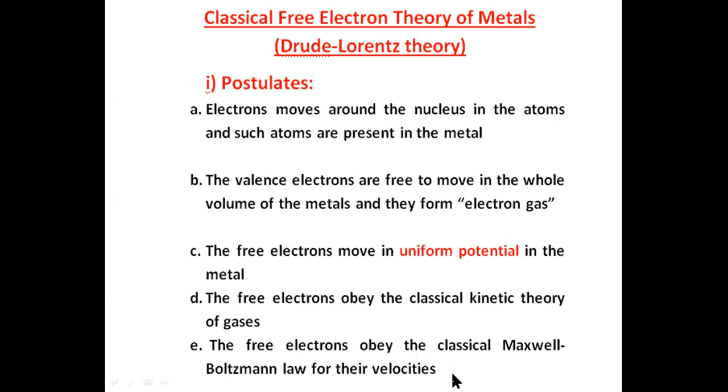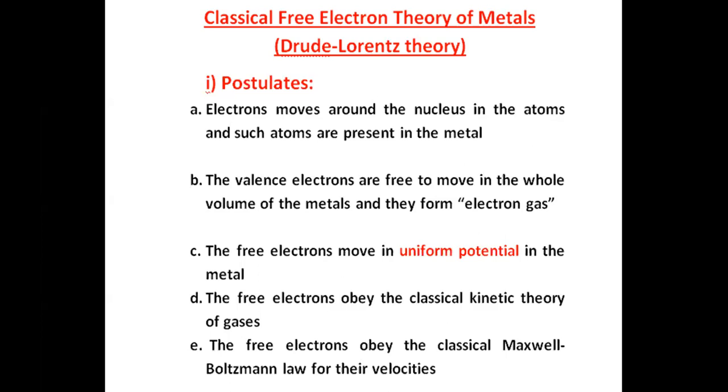Finally, they also assumed that the velocities of these free electrons which are moving in the metal obey the classical Maxwell-Boltzmann law. That means if you see the classical Boltzmann law of velocities, it is proportional to v squared into exponential to the power of minus v squared.